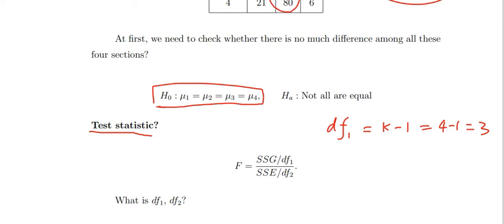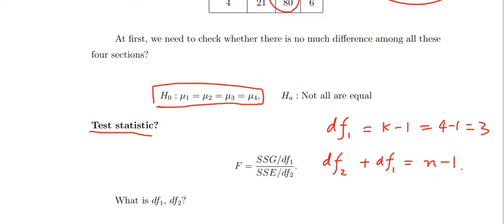Then what is the degree of freedom for df2? We just remember that the 2 degrees of freedom added together equal the total degree of freedom. The total degree of freedom is n minus 1.